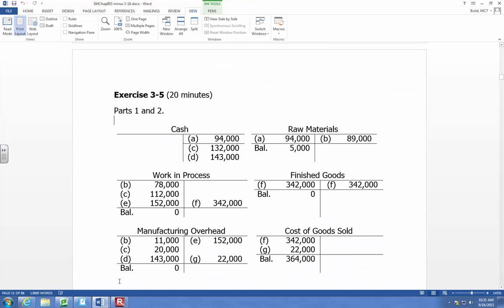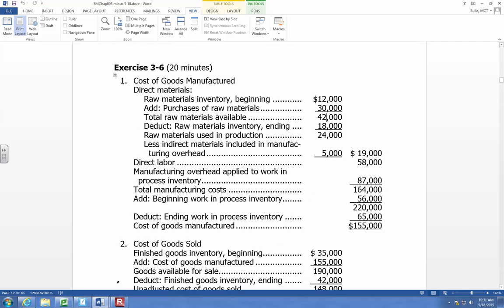What number are we on? 6? So they give us a bunch of information. Actual materials plus actual labor plus applied overhead.